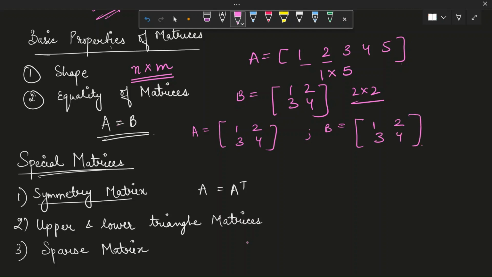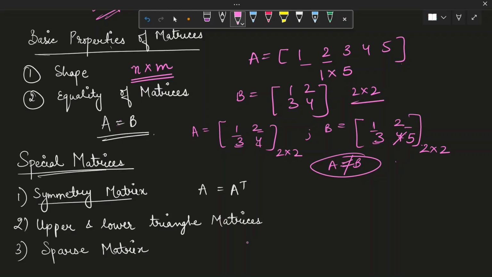The dimensions are the same, so our first condition is fulfilled. Now if we check their corresponding elements, they are also the same. So these two matrices are equal, that is, A is equal to B. If any of the corresponding elements were different, suppose instead of 4 there was 5, then A would not be equal to matrix B.